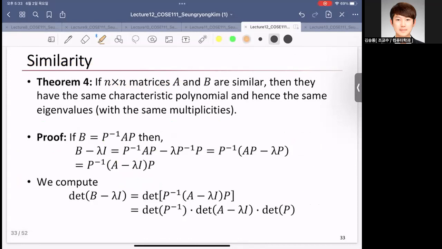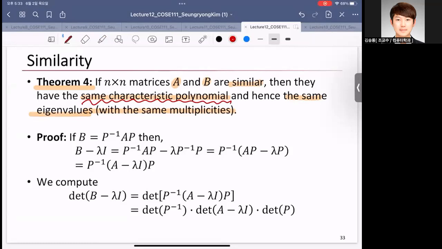Here is theorem 4 in chapter 5.2. If n by n matrices A and B are similar, then they have the same characteristic polynomial, hence the same eigenvalues with the same multiplicities, because they have the same characteristic polynomial.